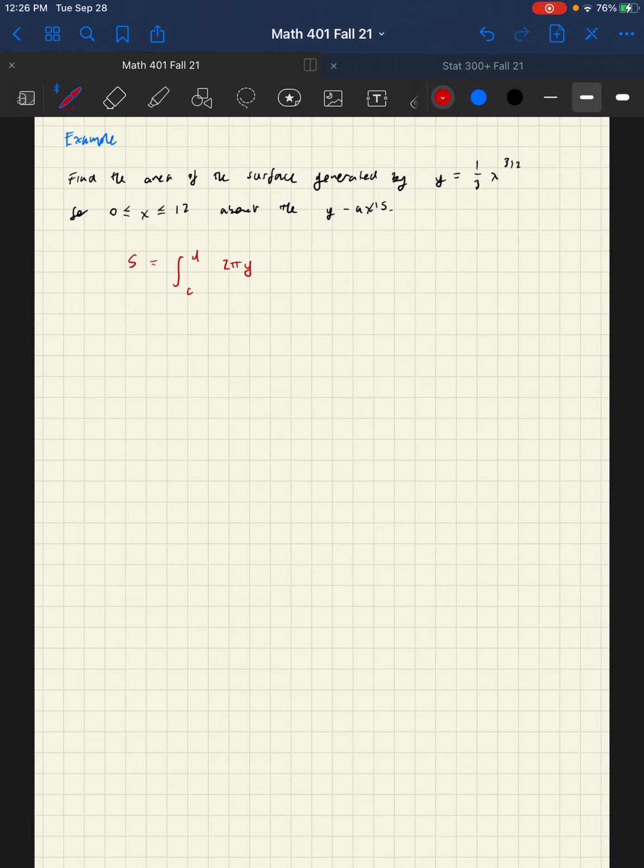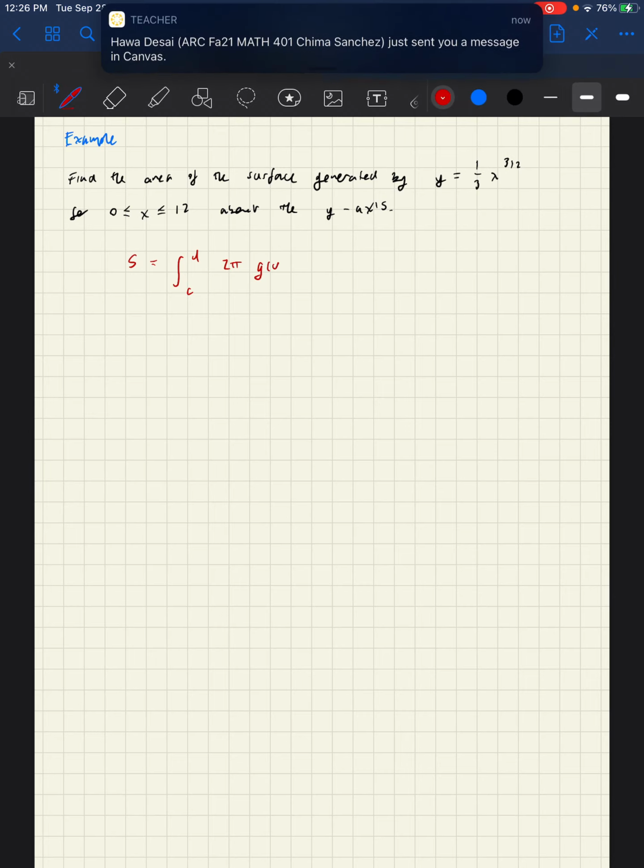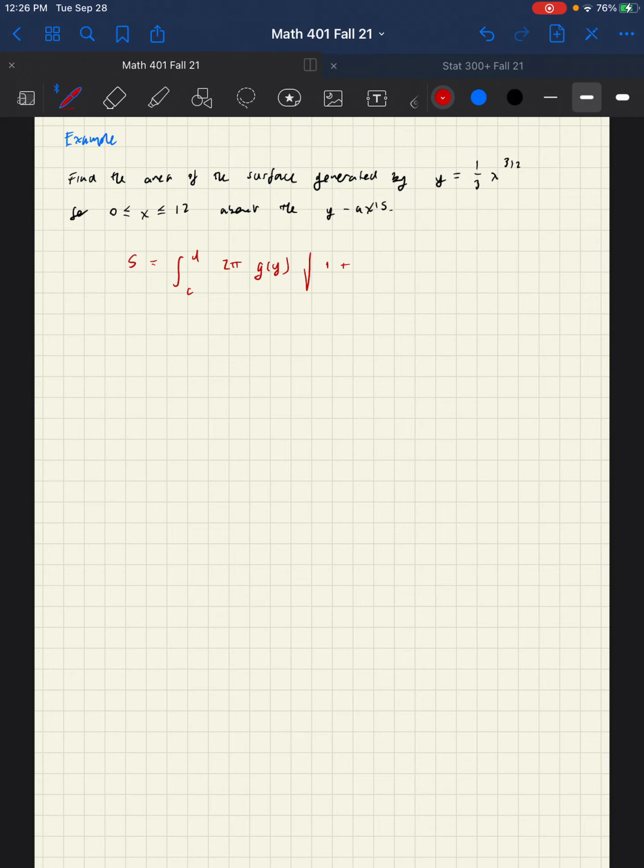Sorry, we're rotating about the y-axis, so again we're going to need g of y times the square root of 1 plus g prime of y squared times dy.